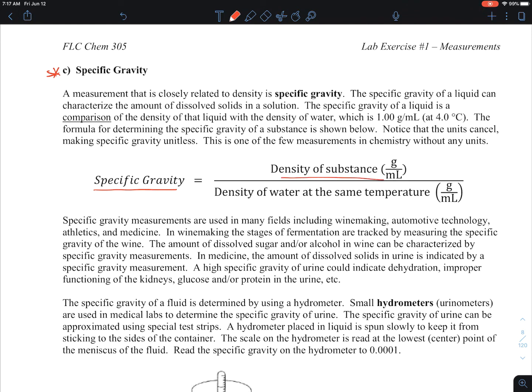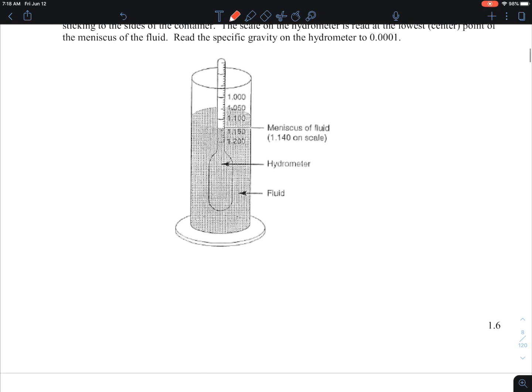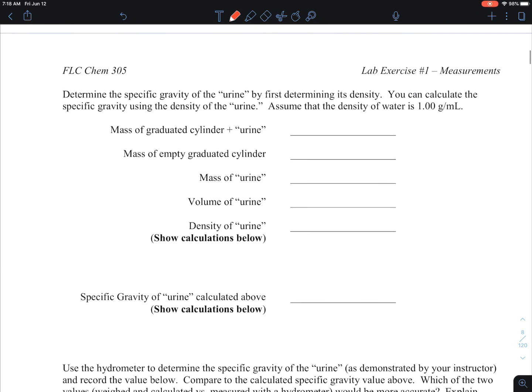Specific gravity takes into account the density of whatever substance you're looking at, which in this case is urine, and compares it to the density of water at the same temperature. Because urine is mostly water, you're controlling for the density of the water in urine, and specific gravity measurements allow you to see the amount of dissolved solid, and then compare them.